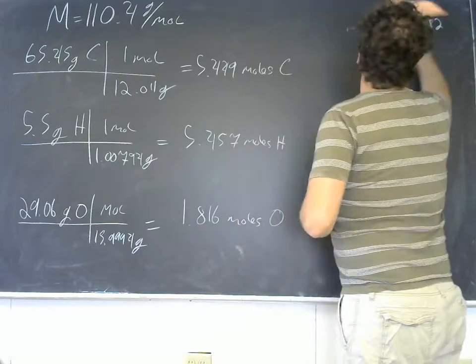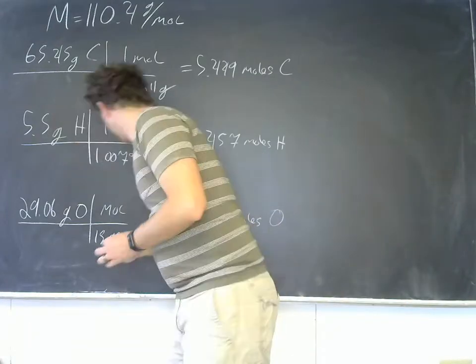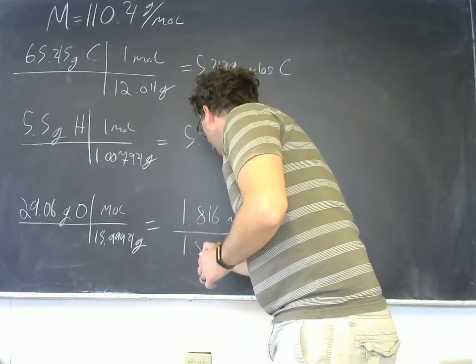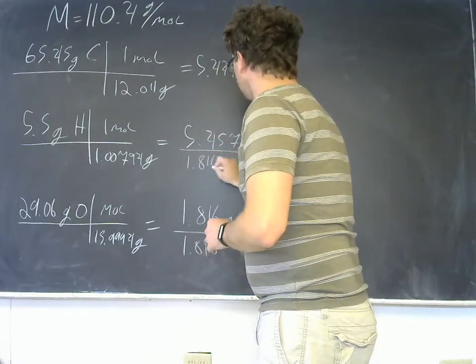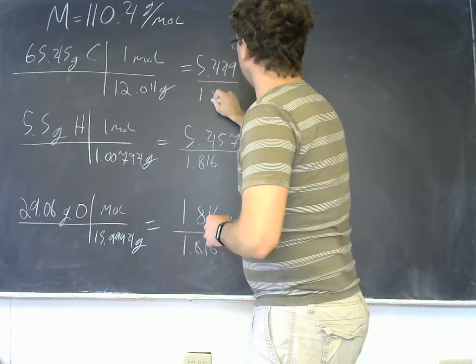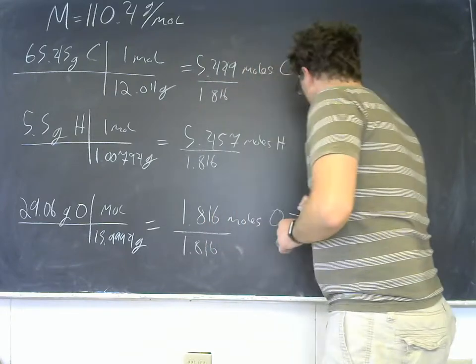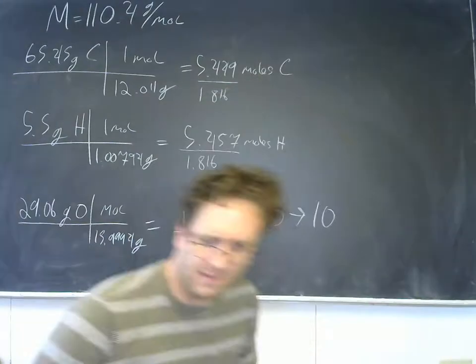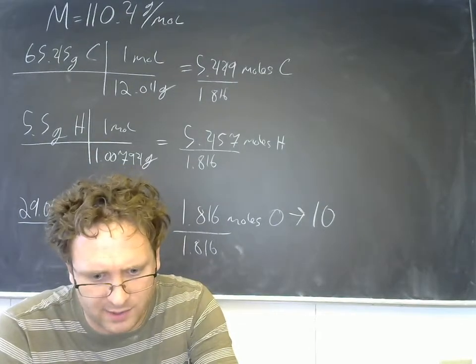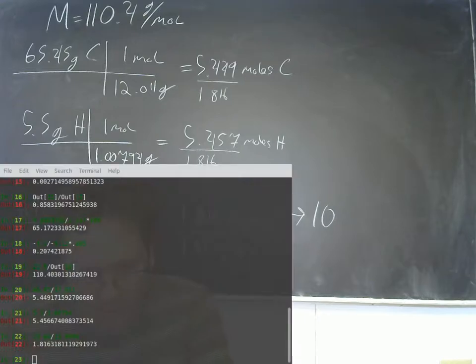So we'll divide them all by the smallest number, which is 1.816. So this is going to give us 1 oxygen. Let's figure out the carbon and the hydrogen. 5.449 divided by 1.816.